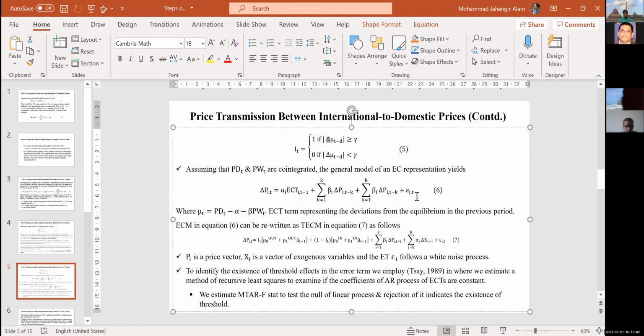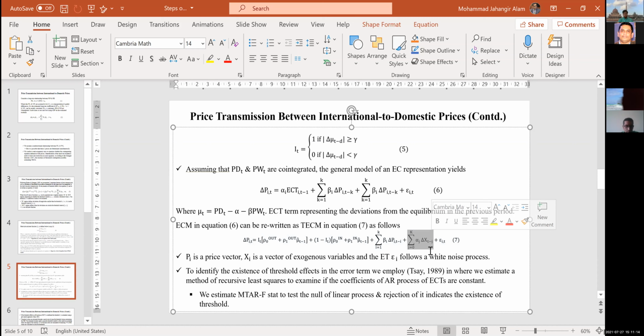So this equilibrium model, based on these indicator functions and the potential asymmetry and threshold in the prices, can be rewritten as a threshold error correction model as this one. You see these are the same here. PT could be like P D and WP, but this is not endogenous.